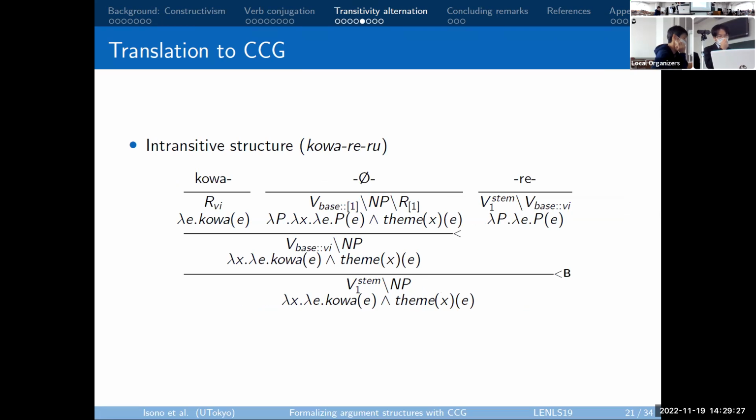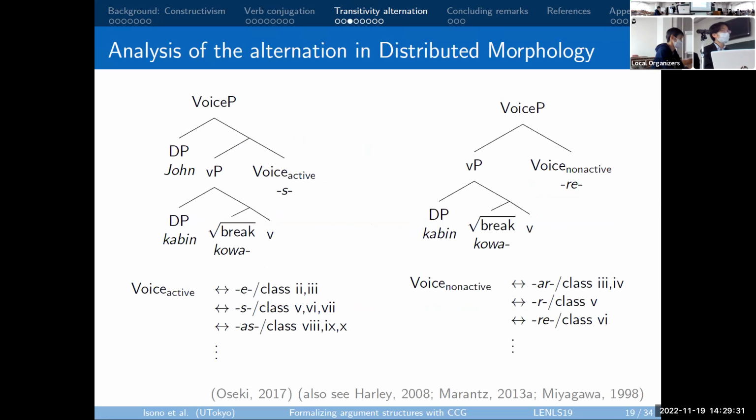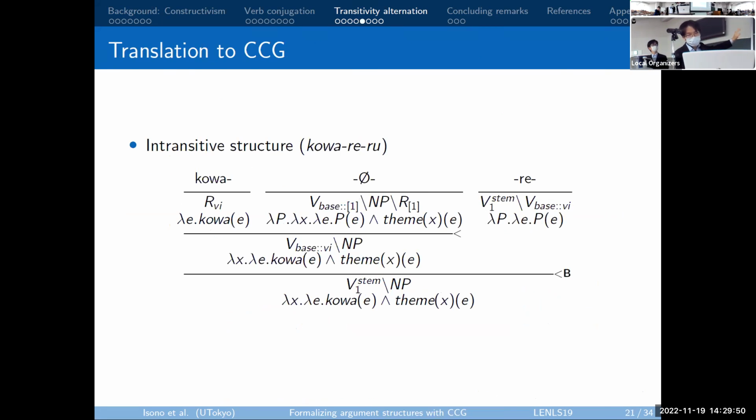No, our current analysis basically follows the distributed morphology analysis, according to which the internal argument is always introduced below the head, which is also present in the translated structure, and that captures the implicational relationship between the two. So we simply follow that analysis, and the internal argument is always introduced by the phonologically null element in the middle.